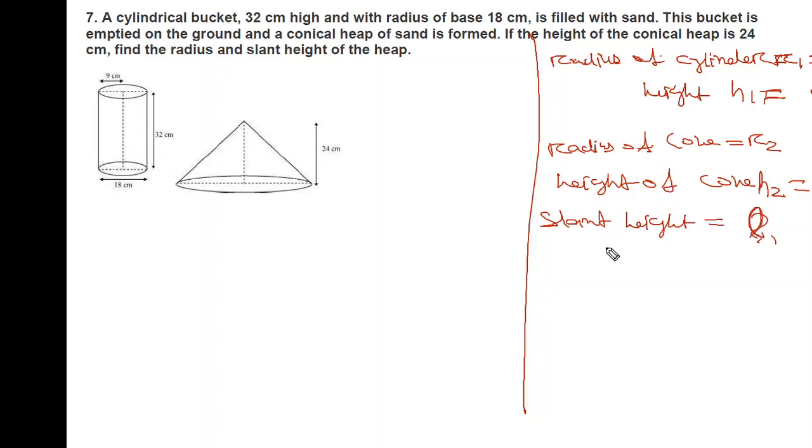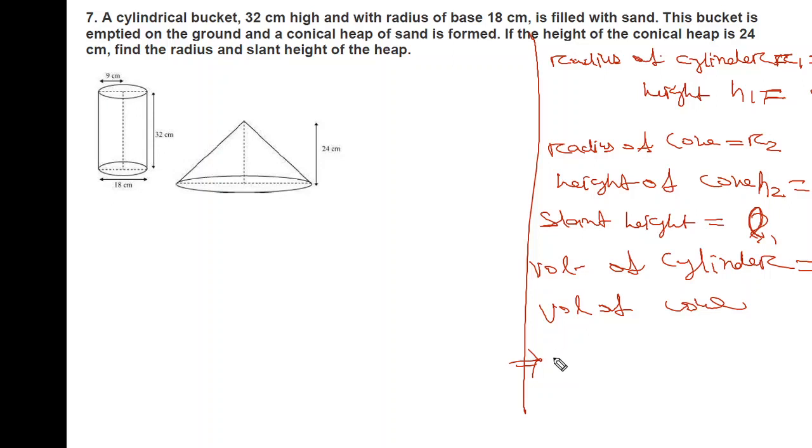So you know that volume of the cylinder will be equal to volume of the cone. You can write it. Volume of cylinder equal to volume of cone. Volume of the cylinder formula you know, pi r1 square h1 will be equal to volume of the cone, which is 1 by 3 pi r2 square h2.